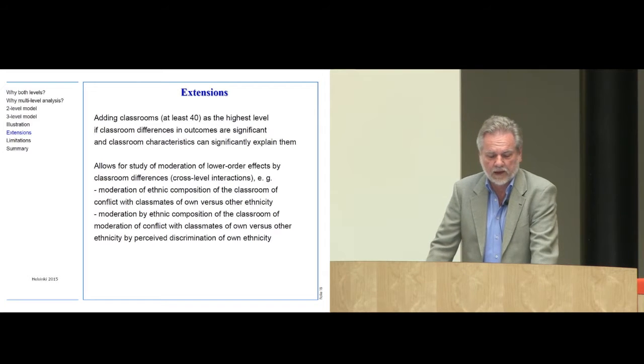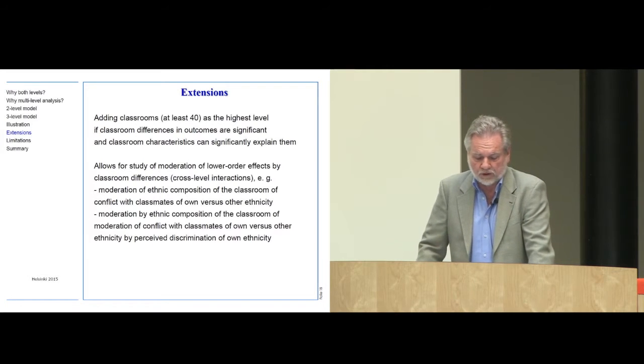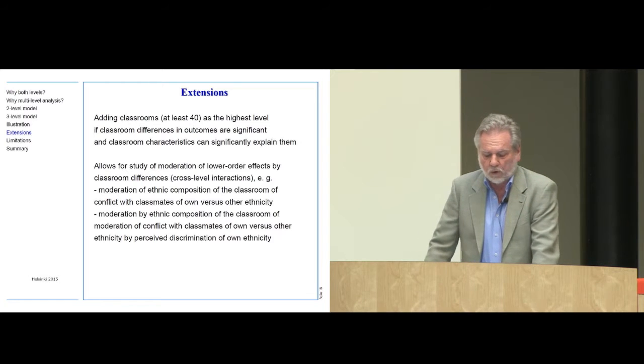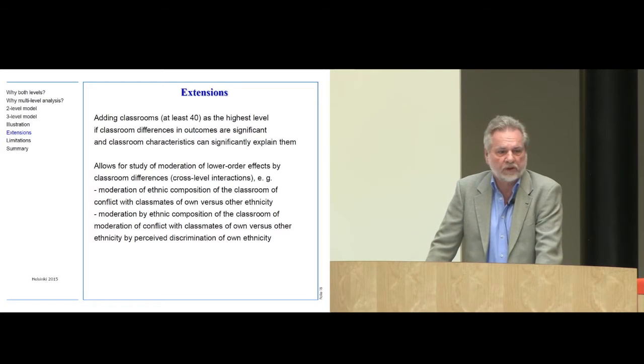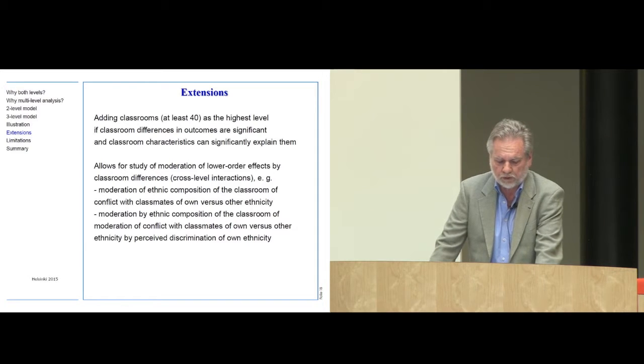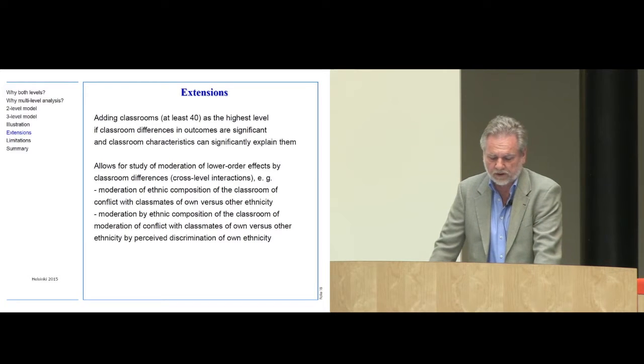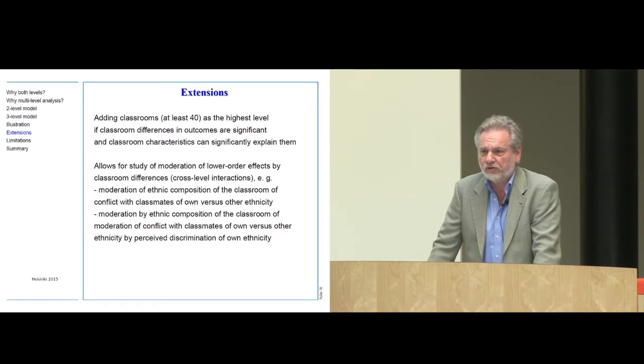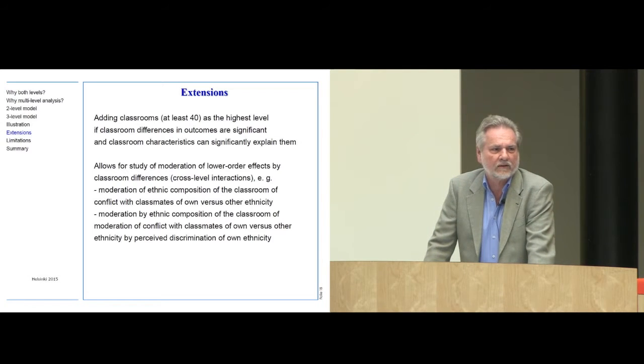for example, moderation of ethnic composition of the classroom, of the conflict with classmates, of own versus other ethnicity could be studied with this approach, or moderation by ethnic composition of the classroom, of the moderation of conflict with classmates, of own versus other ethnicity, by perceived discrimination of own ethnicity.